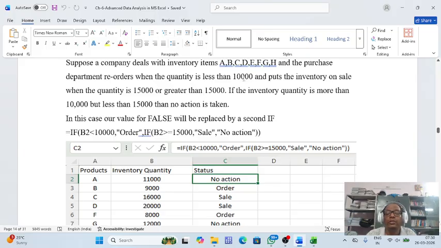If it is less than 10,000 quantity, then you will take action, you will order. If it is more than 15,000, then you will sell. If it is between 10,000 and 15,000, no action will be taken. So this is what the nested IF function is.